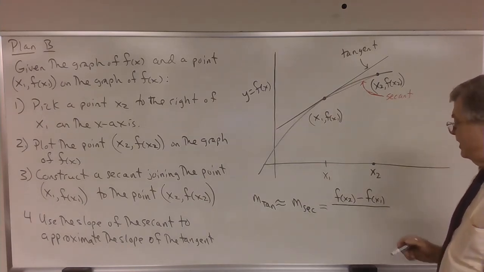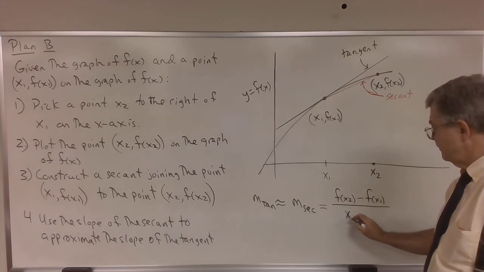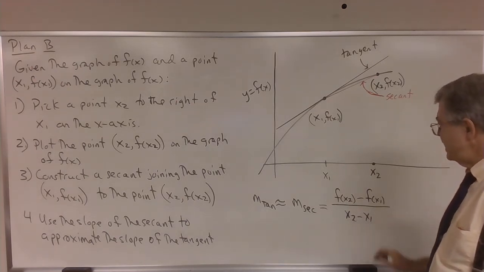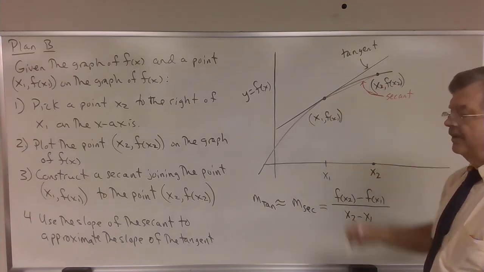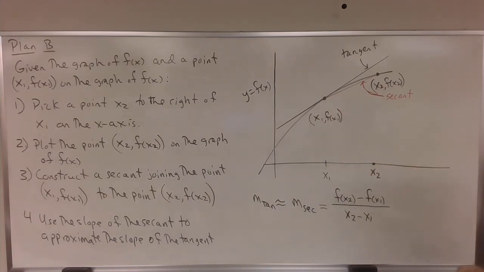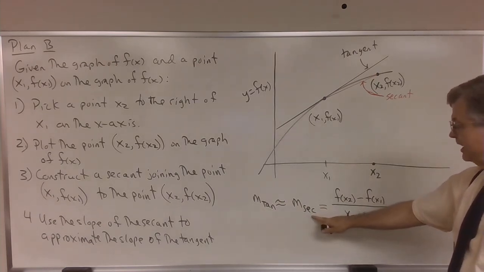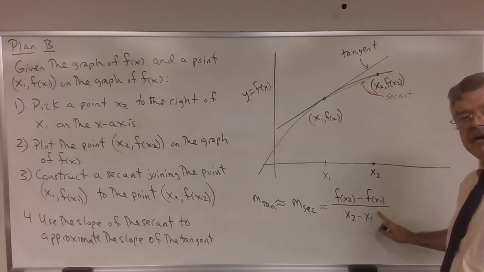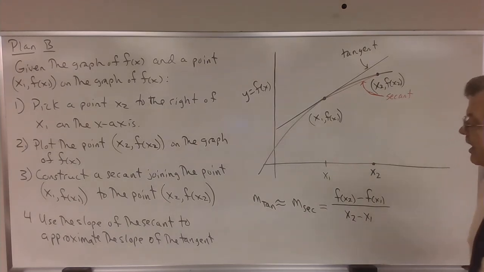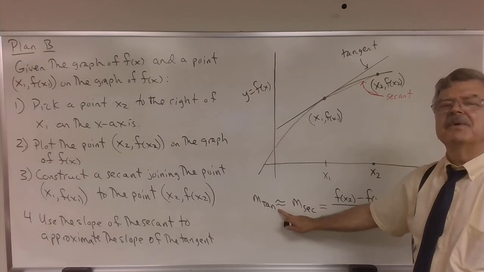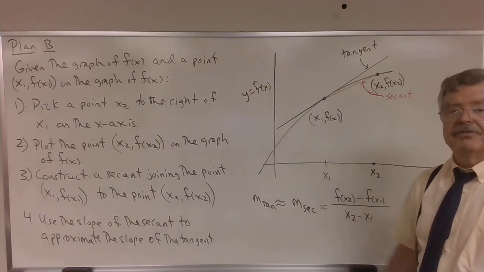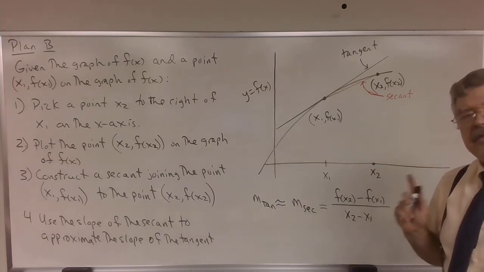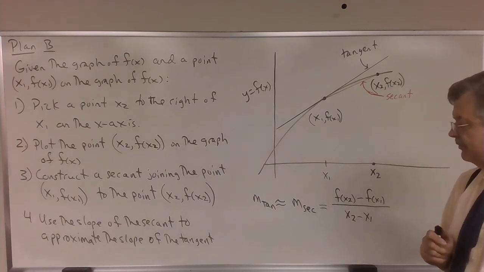And the change in x, x2 minus x1. This is our plan to use the slope of the secant, which we know how to compute using this formula, to approximate something that we really need to know, which is the slope of the tangent. So this is our plan B.